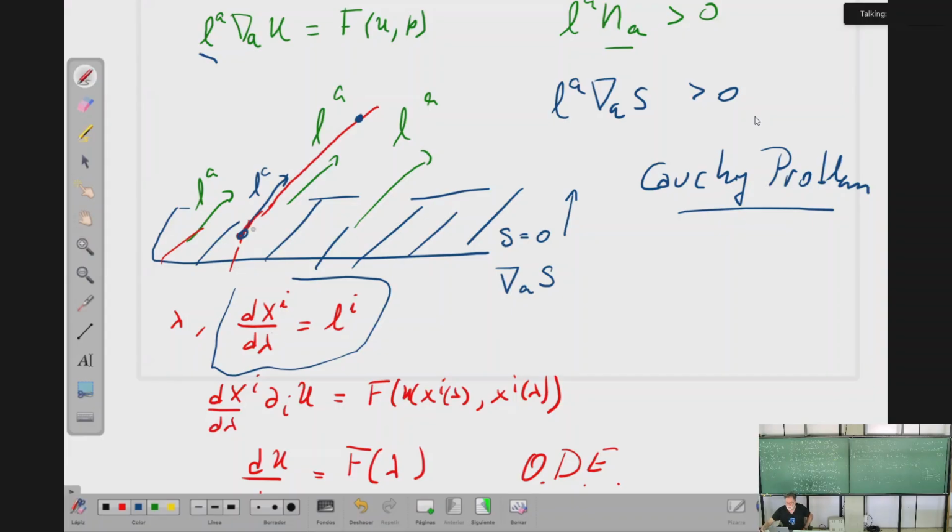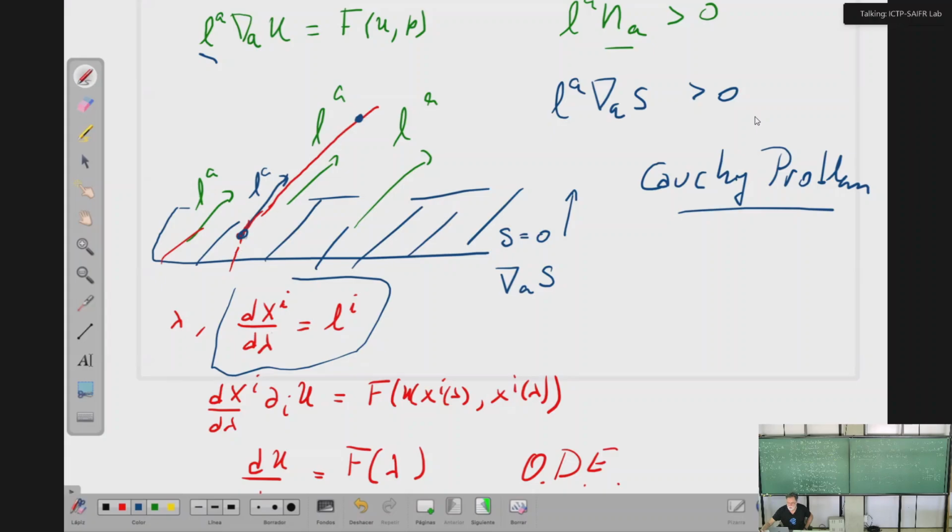We will see in more detail in a while, but you see the domain of influence of this point is all this line, and the domain of dependence of this point is the line also, going back.